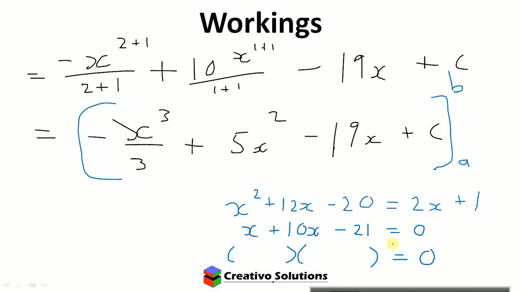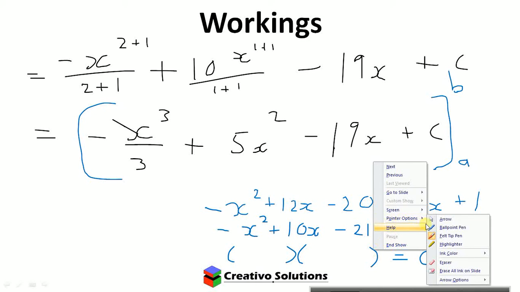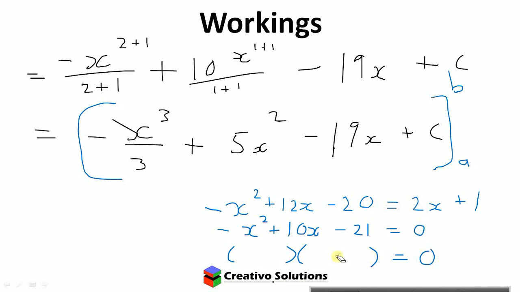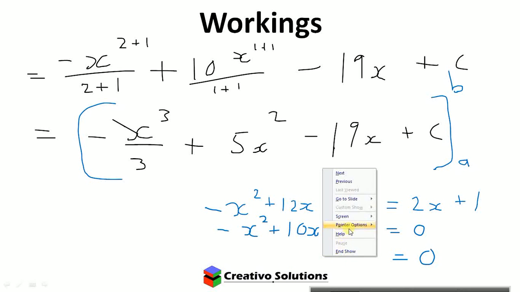Oh, hold on. There's a minus here. Be careful. It was minus x squared. That does make a difference because now all the signs can change. Let's look at the question again: minus x squared plus 12x minus 20 equals.